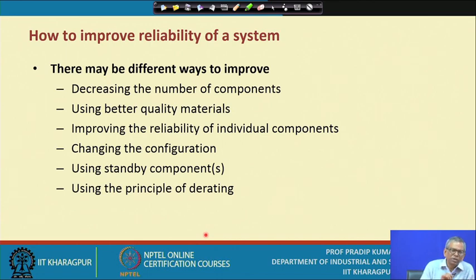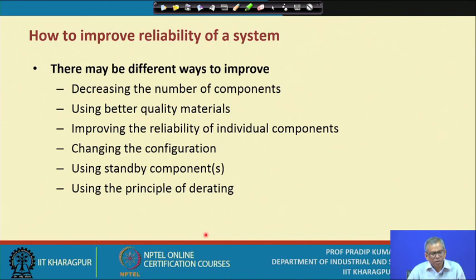That means the component reliability you can improve. And as you might have noticed, if you deal with a larger number of components, for example a missile system has around 2000 components, and most of these components are in series.